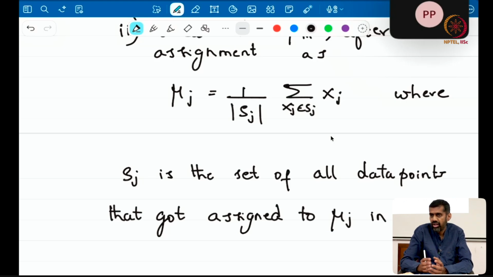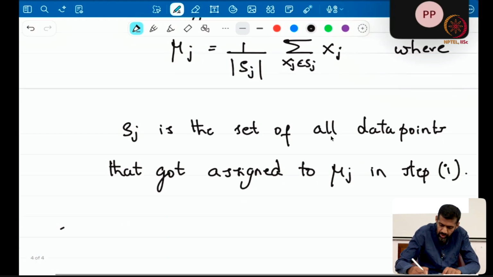So it will be slightly shifted, because initially you started randomly, then you assigned based on distance. Once the assignment is there, you compute the mean again. So new means will emerge, and keep doing this. What if your data point is equidistant? Break the tie arbitrarily. That is how it is done. So this is end while, upon convergence.